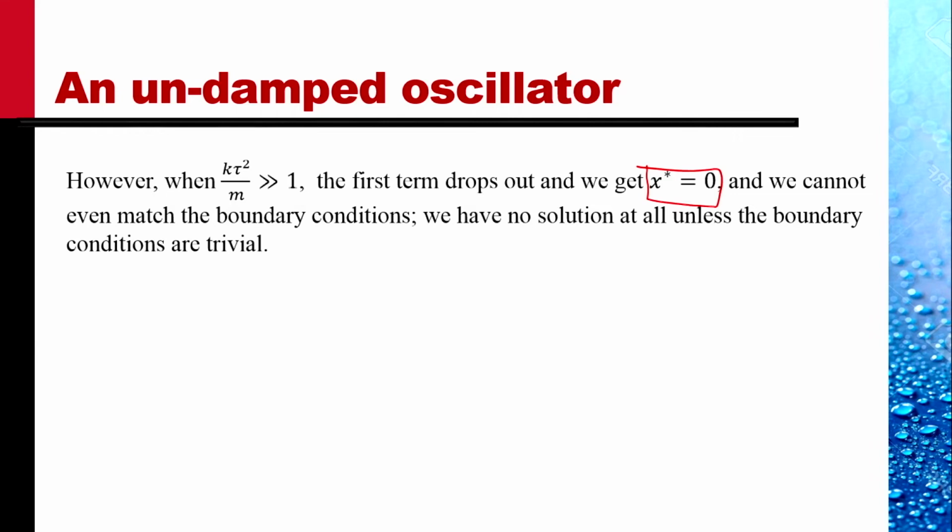This is much like the boundary layer of Prandtl. This is much like the high Reynolds number flow where we cannot satisfy the boundaries. And a similar solution would be in order.